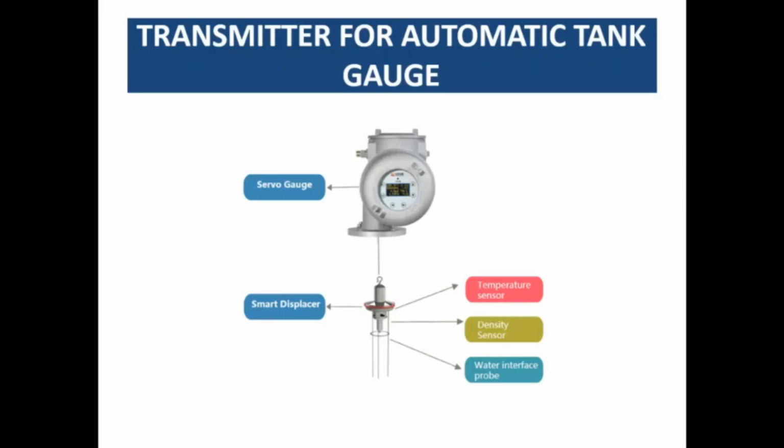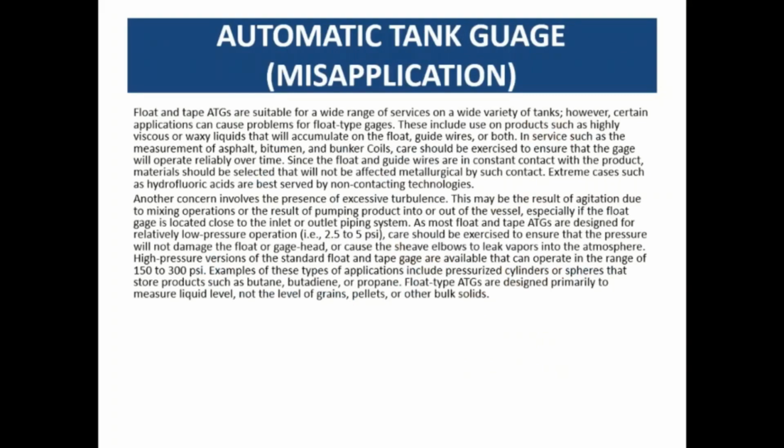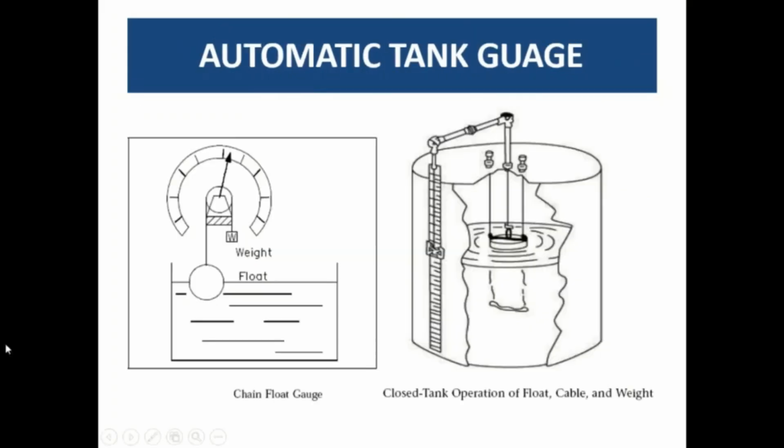So this is again a very effective thing, but there are certain things you need to understand, because this floating element is attached with a chain and a pulley, and that pulley is attached to another pulley.